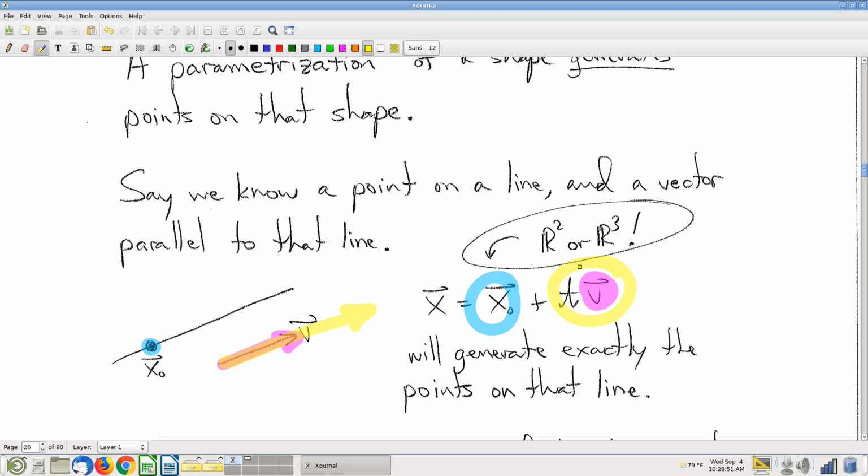If I were to then add a point on the line and a vector parallel to the line, that's going to give me another point on the line. So it generates points that are on that line. How are we doing? Everybody see the idea there? And that's a very different sort of geometric argument compared to when we were making equations of lines and equations of planes. We did not create a test. We created a little point factory.